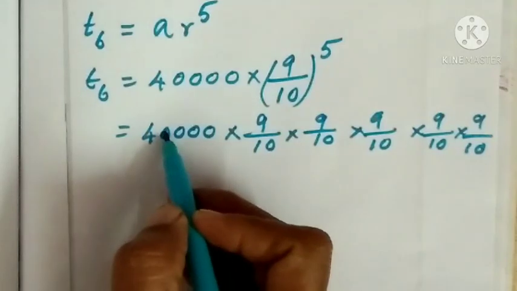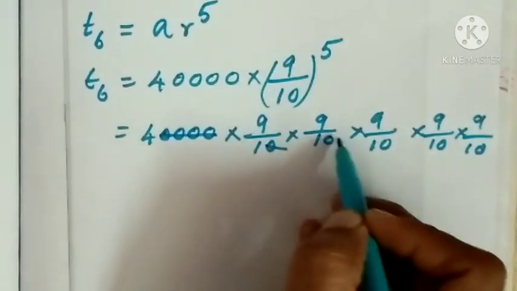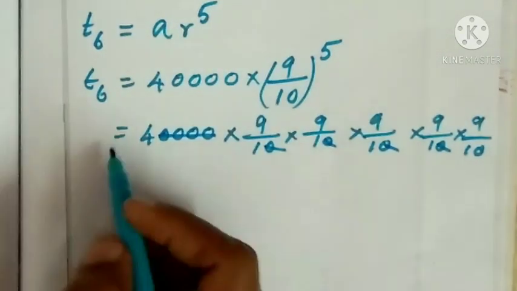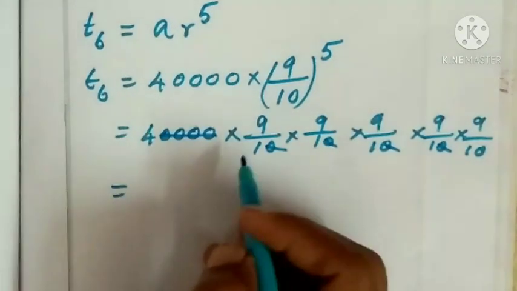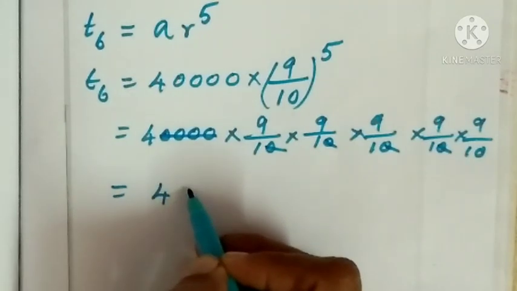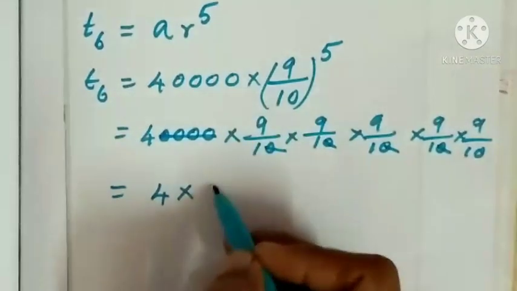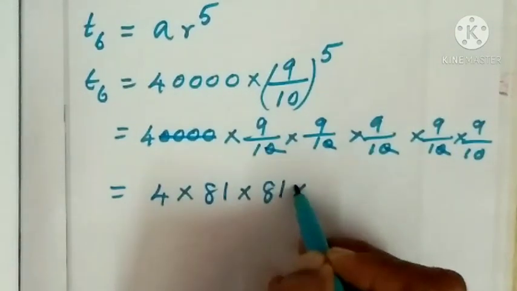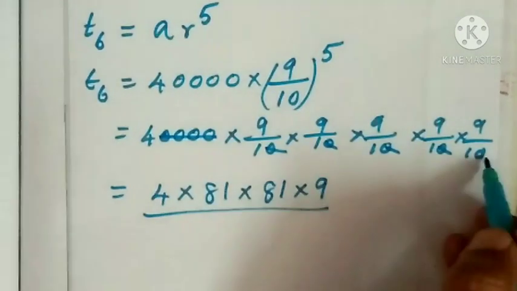Cancelling the zeros, here 4 0 cancel, we have 4 into 9 9s are 81 into again 9 9s are 81 into 9 by 10.